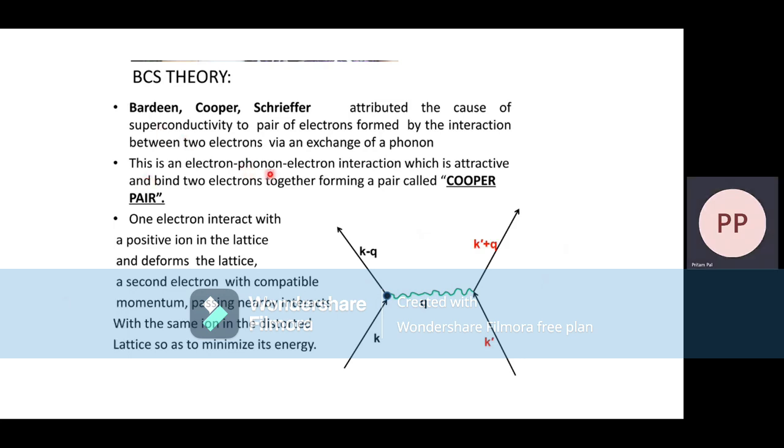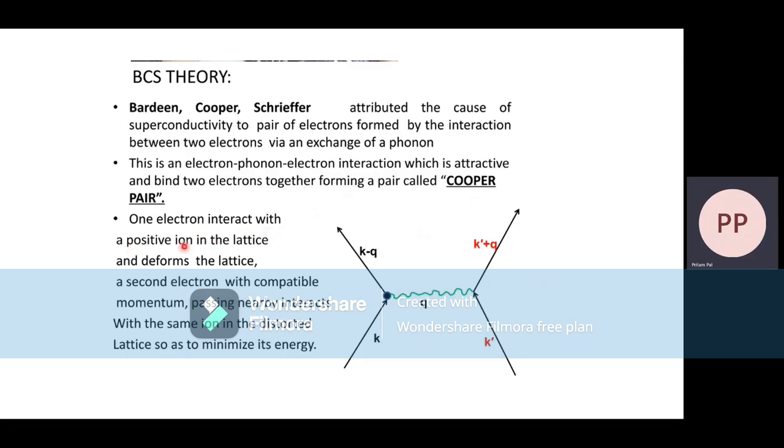Yeah, so this is an electron-phonon-electron interaction. Three body interaction, which is attractive and binds two electrons together forming a pair called a Cooper pair. It's basically a bound state formed by the two electrons.